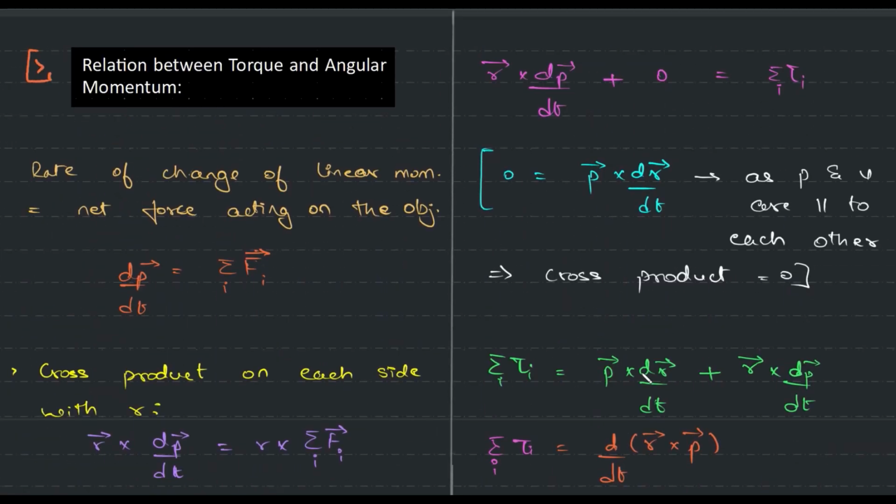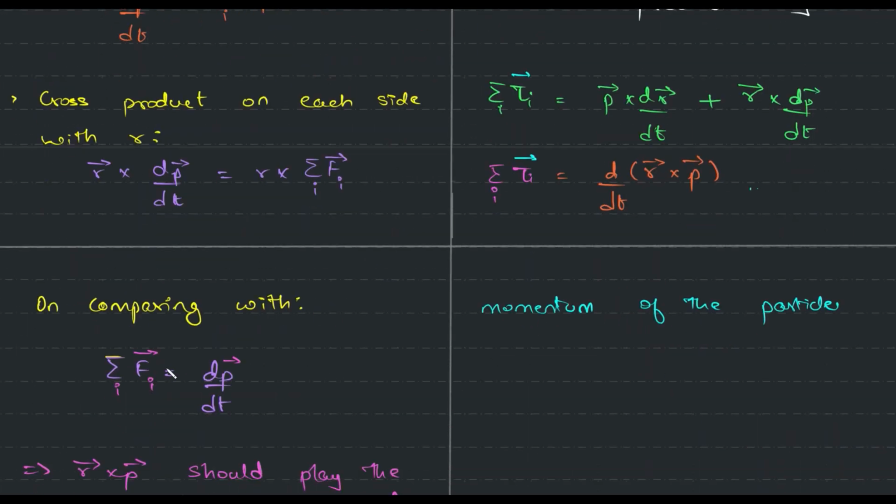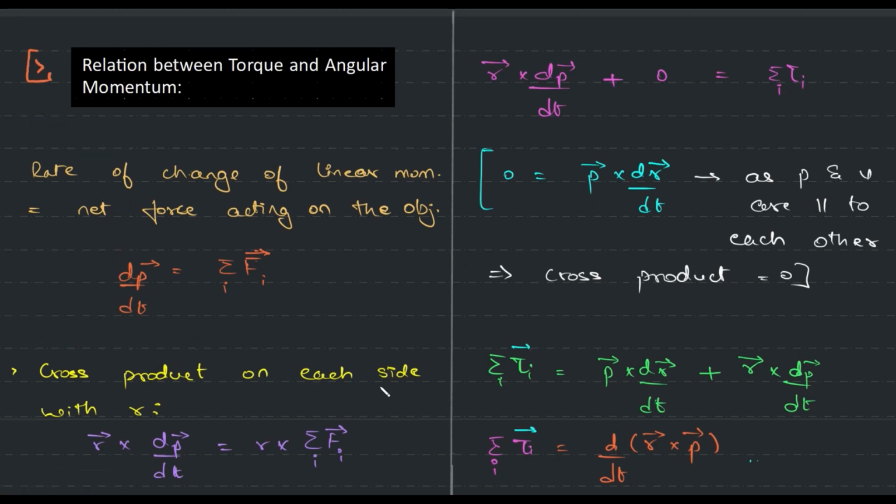Okay. So yeah, sorry, I got distracted. I went ahead. So we are looking at this result. So we can see that your torque and angular momentum have this relationship.